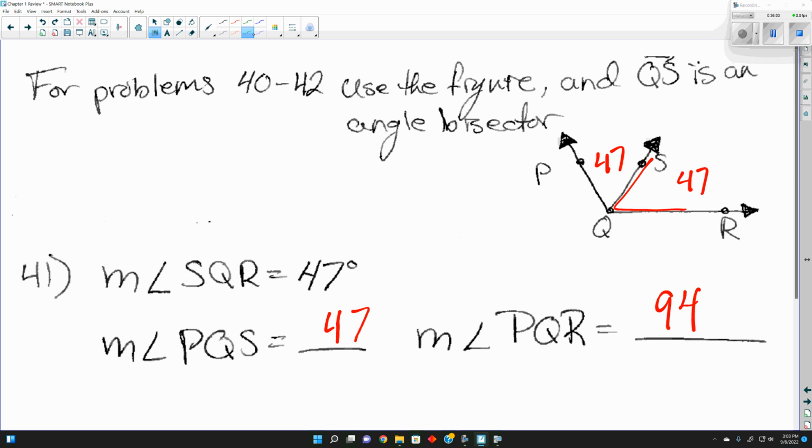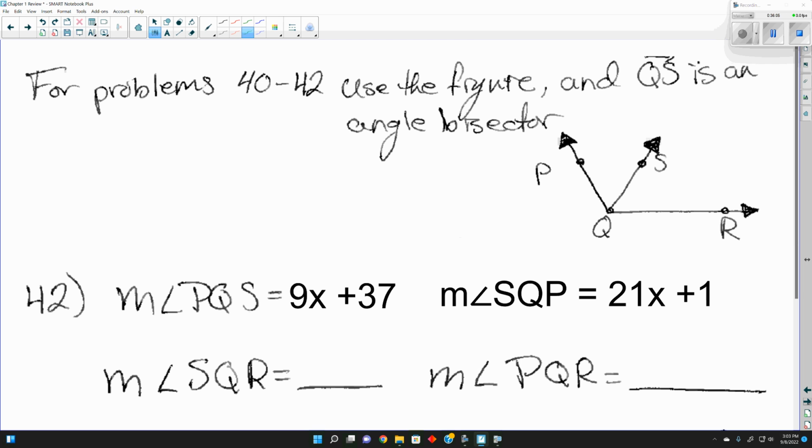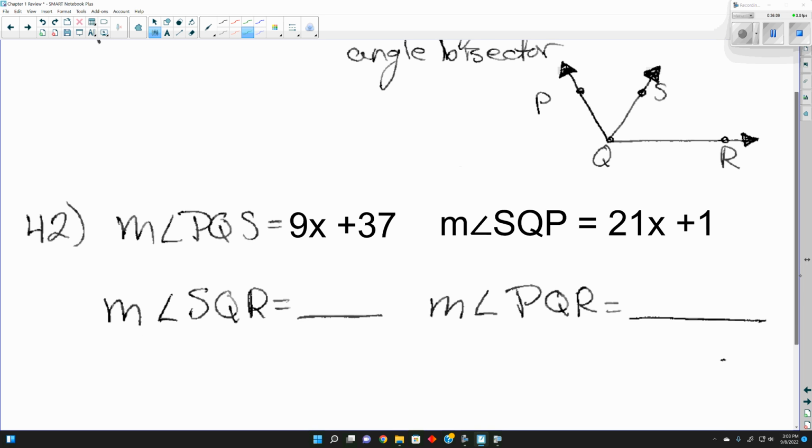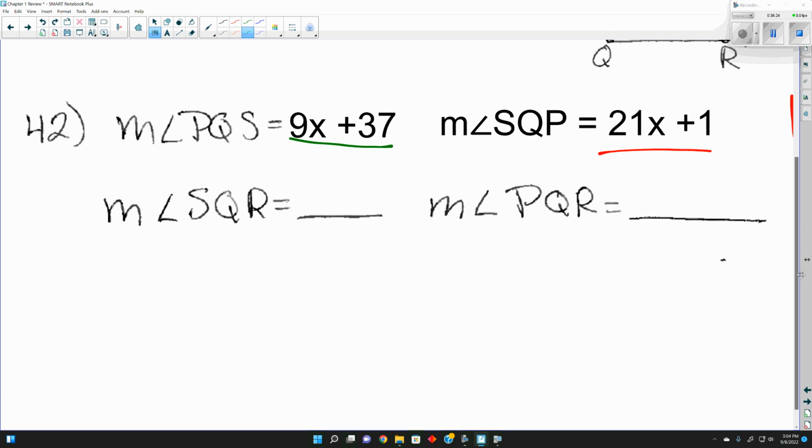Questions on this here? Question? What do we know about this here? They're bisected, they're cut in half. So these two will be the same. So if we get one of them, we can just write the other, so 9x plus 37 is equal to 21x minus 36.